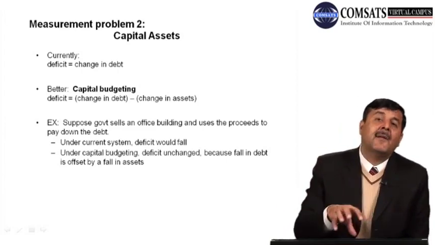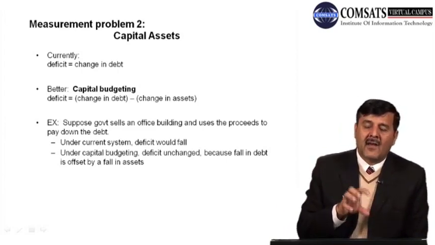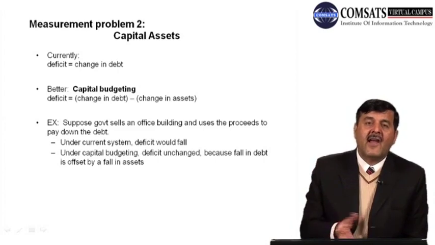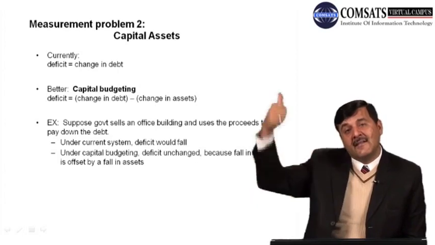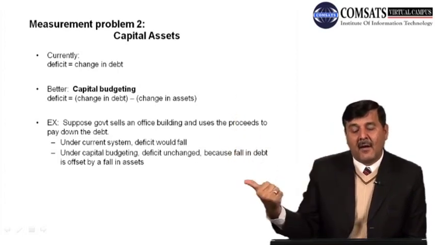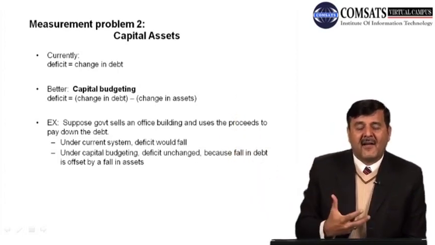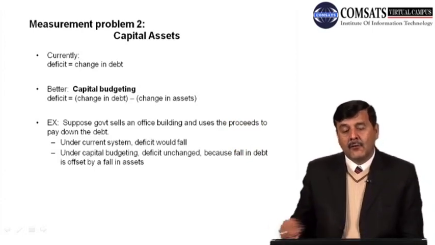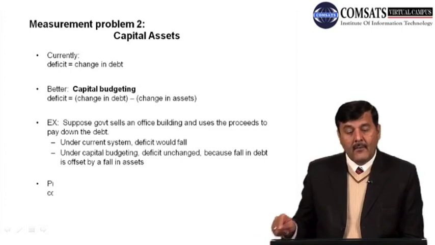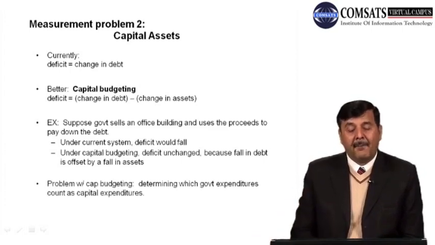तो capital budgeting की जब आप बात करेंगे तो उसके हिसाब से deficit unchanged रहेगा, because the fall in debt is offset by a fall in assets, right? So the problem with capital budgeting is determining which government expenditure is counted as a capital expenditure.